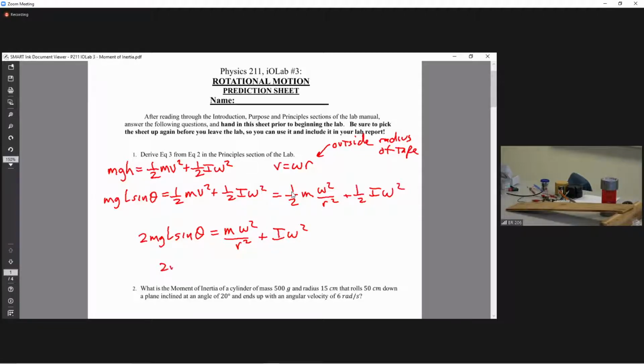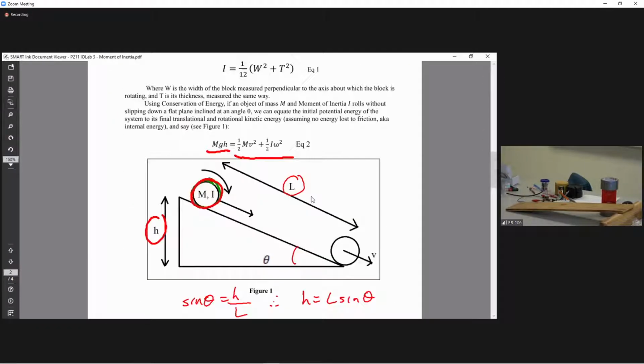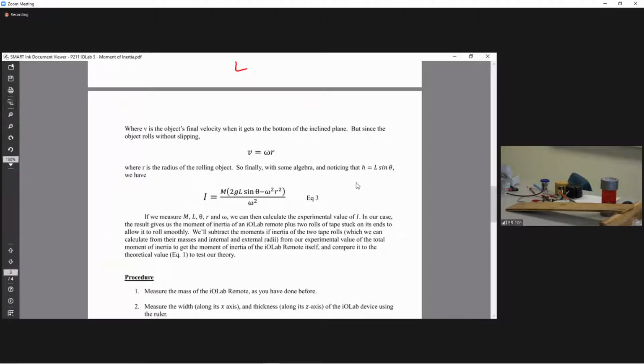So 2mgL sine theta minus m omega squared over r squared, times 1 over omega squared, equals I. And that's just a rewritten version of this.